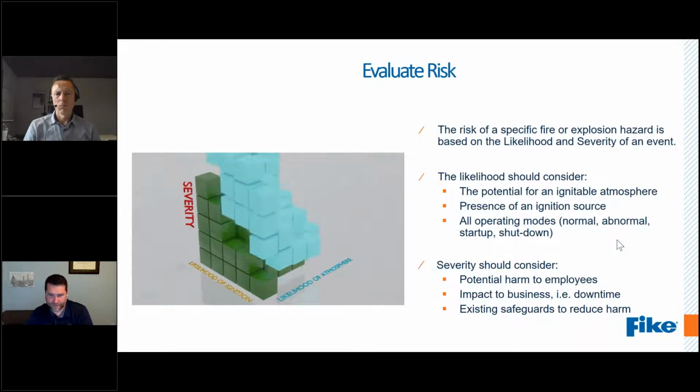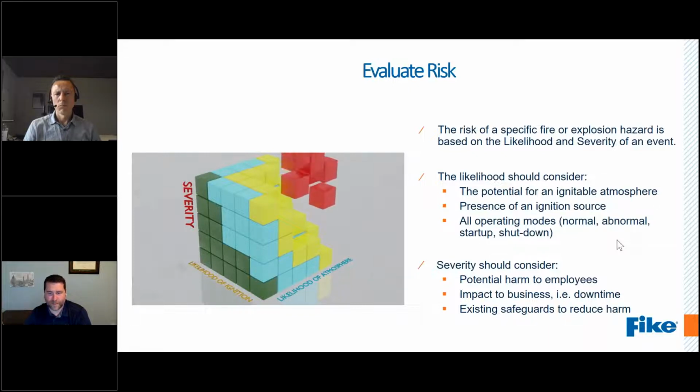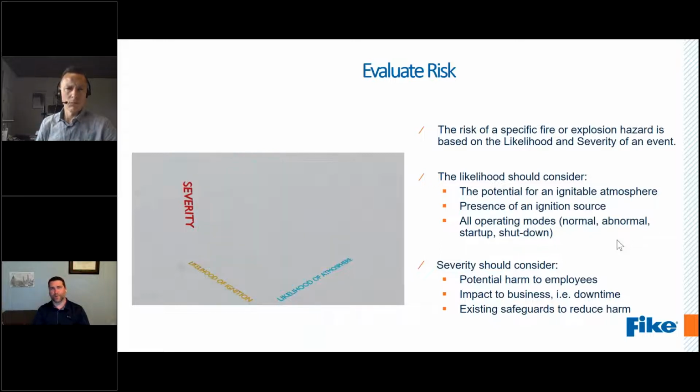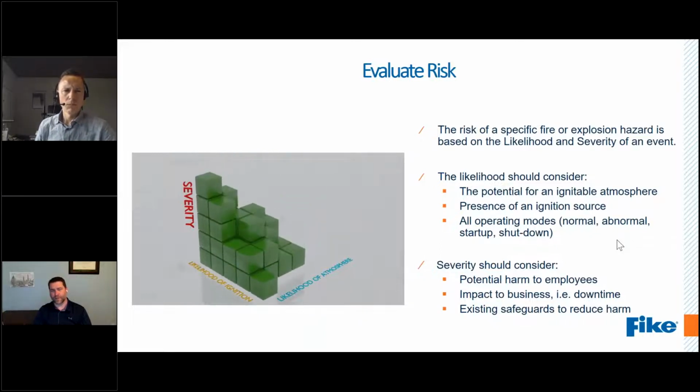If you're looking at severity, what it needs to consider first and foremost is the potential harm to employees. That's obvious. But second, you also have to look at the impact to the business for downtime, because that can increase severity as well. For example, if you have a remote operation where there are no employees there, it's all run remotely, and you have a fire or explosion, there's no harm to employees because no one is there.